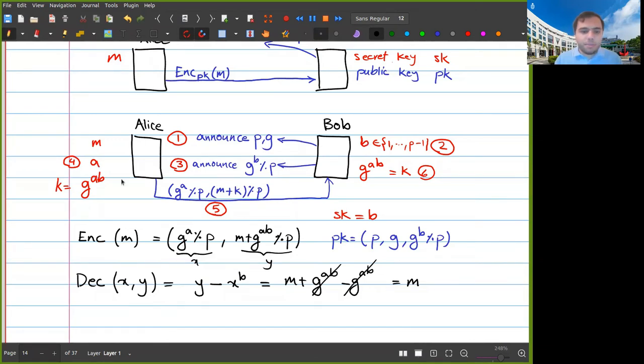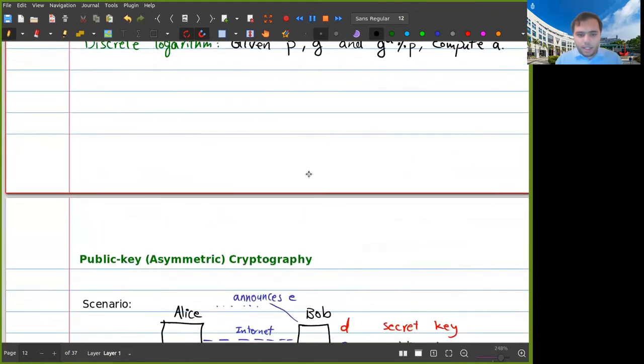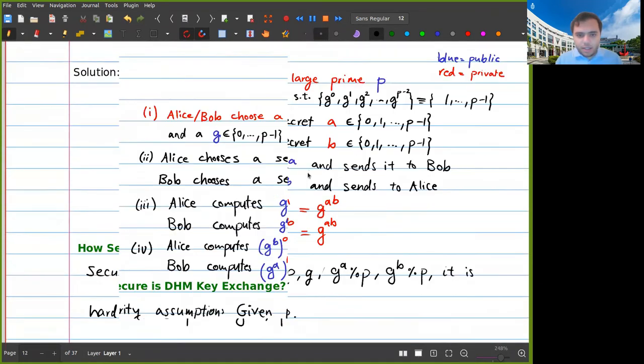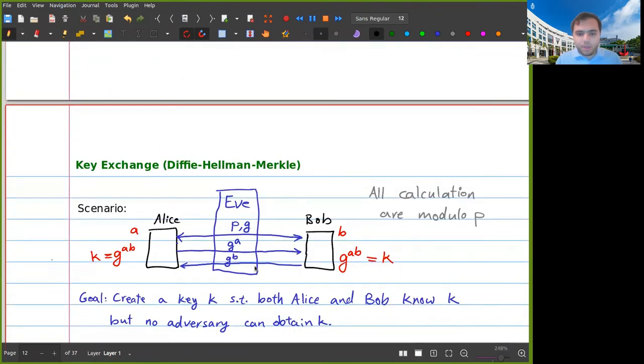And because A and B remain secrets, anyone who's just listening on the network cannot compute G to the power of AB. So this is, again, exactly like here. So from the point of view of Eve, what she sees is the same thing. It's just that the order has changed now.